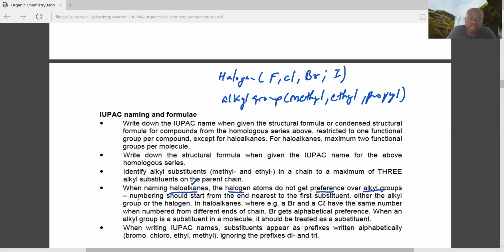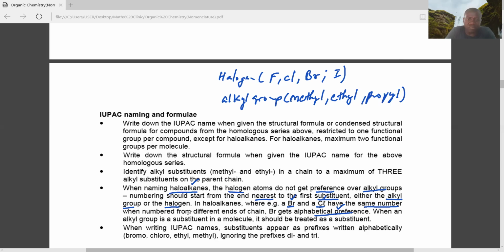So usually numbering should start from the end nearest to the first substituent, either the alkyl group or the halogens. But in halo-alkanes, where bromine and chlorine have the same number when numbering from different ends of the chain, you always give preference by considering the alphabetical order. If they are at the same position, you consider the alphabetical order.